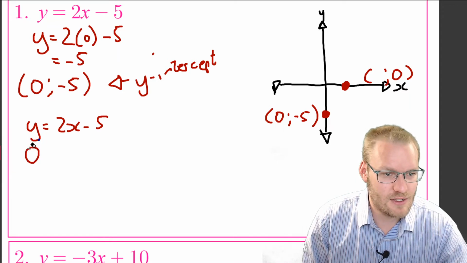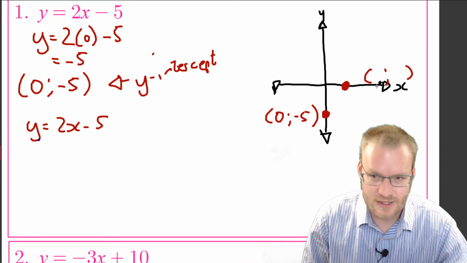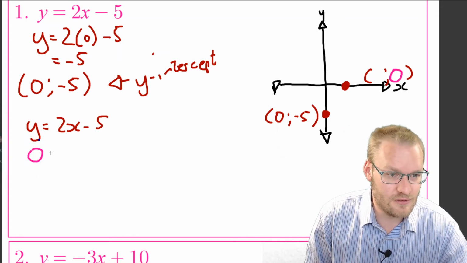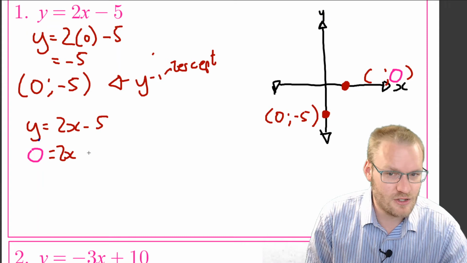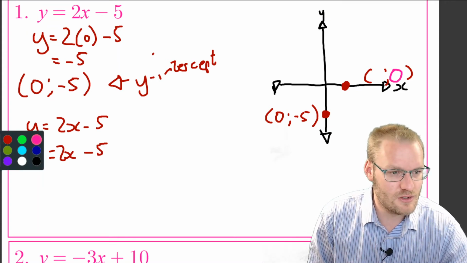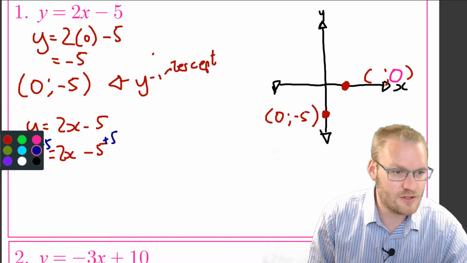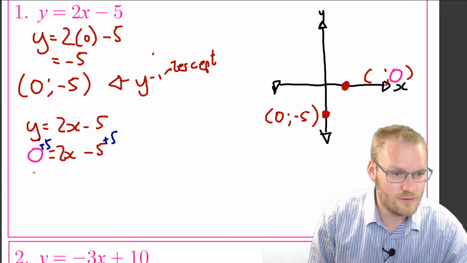So this bit we're going to write as 0, and then do the rest of the equation: 2x minus 5. We solve our equation. We're going to go plus 5 on both sides, so we've got 5 equals 2x.